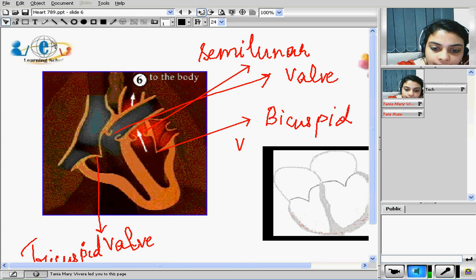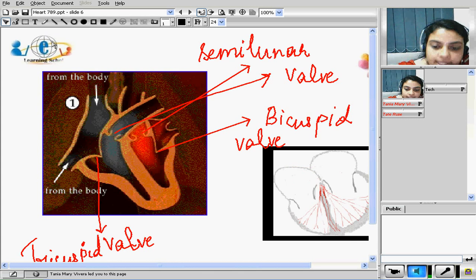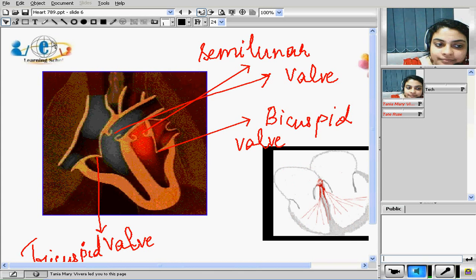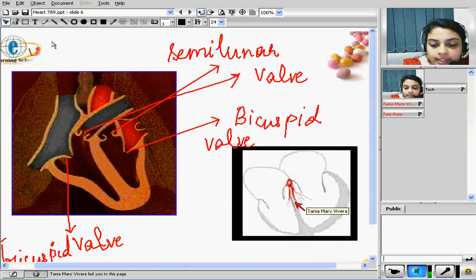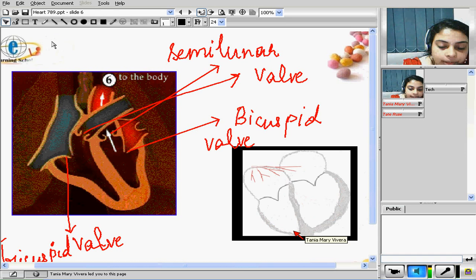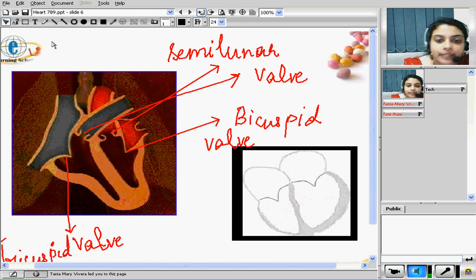So that is where we named all the valves. You can get a clearer picture here where you see the valves opening, allowing the blood to come down, and then it cannot go back. Okay, Tate.